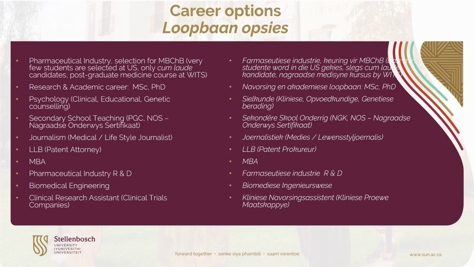You can pursue a research and academic career by following the basic 3-year degree, honors 1 year, master's 2 years, and PhD 3 years. Then in the psychology stream, you can become a clinical psychologist, educational psychologist, or a genetic counselor. Secondary school training, becoming a teacher.